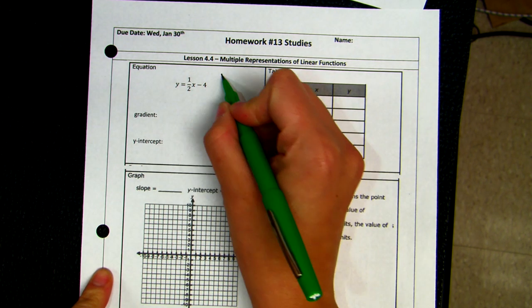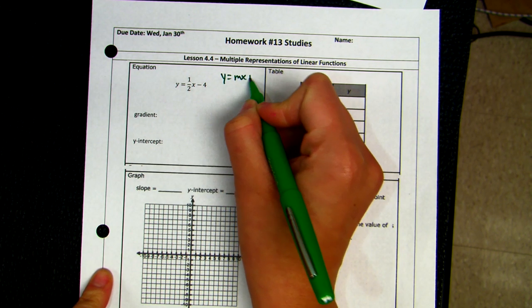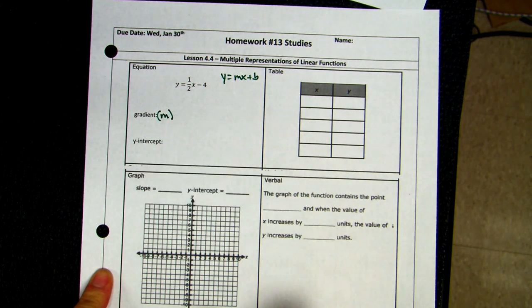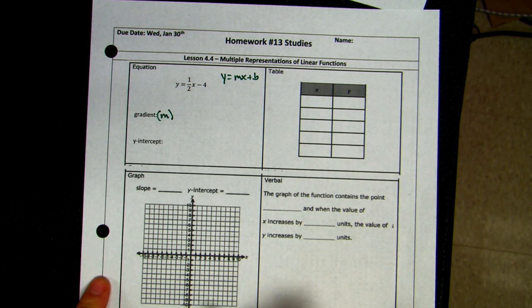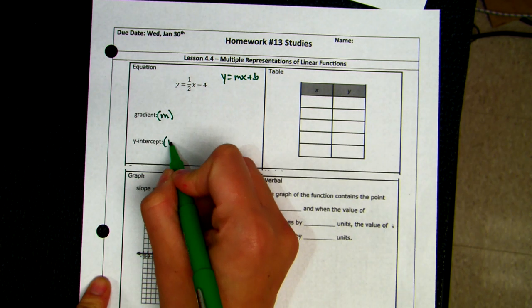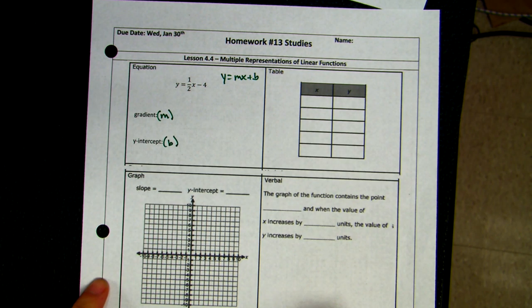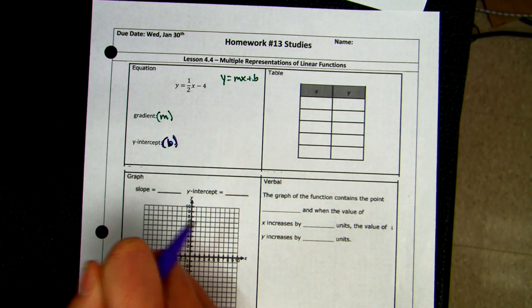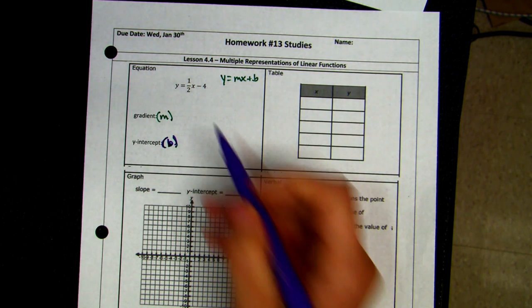Remember, this equation is in our y equals mx plus b form, where the gradient, or the slope, is represented by m, and the y-intercept is represented by b. So here, I'll color code this, make the y-intercept in purple. Our y-intercept is where b is.